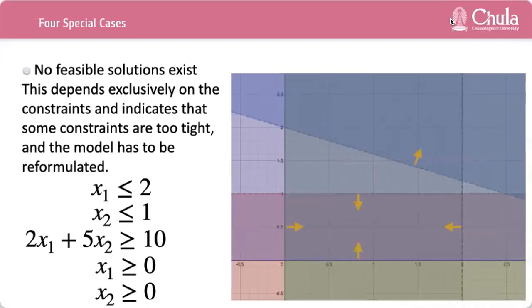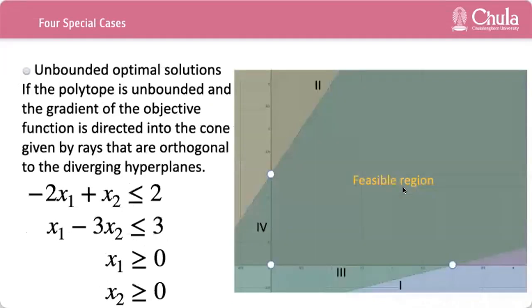For example, the feasible region defined by one constraint is this area, but other constraints form this area. So we don't have a feasible region. In this case, no feasible solution. You cannot solve this problem anymore because even the feasible region does not exist.